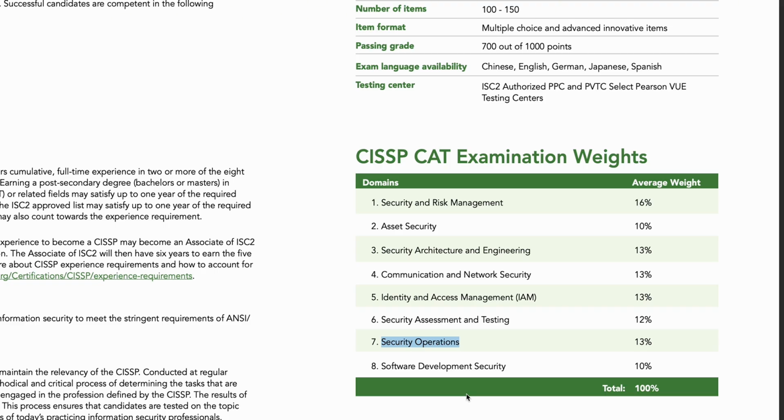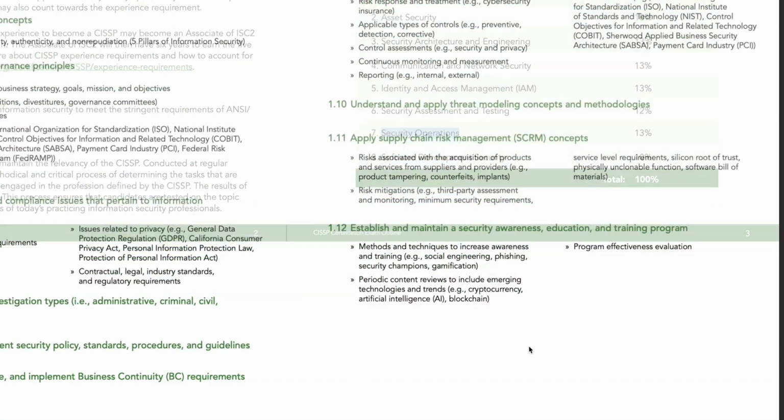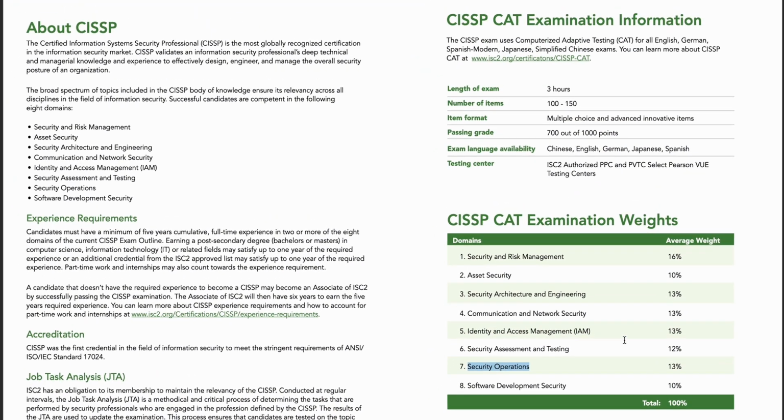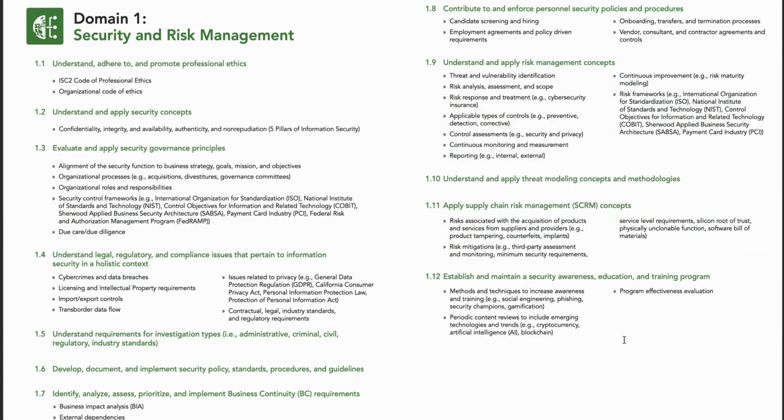So we will discuss how to build a system in a secure way. Obviously we have different methods and different processes. We will learn all of this. This carries 10% of the total marks, and the total is 100%. This is all you need to know for the CISSP.